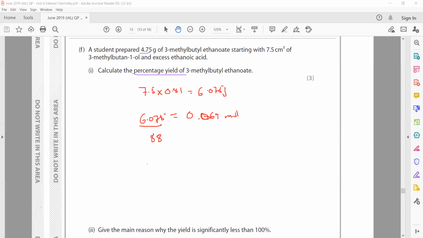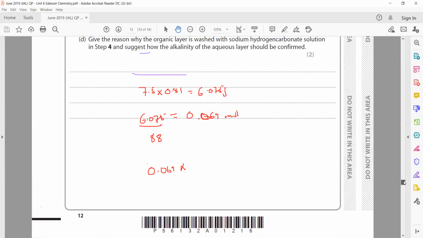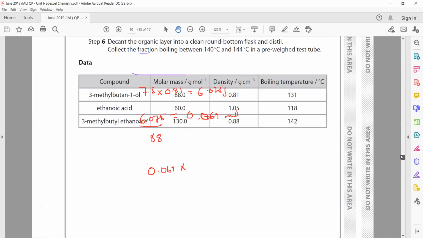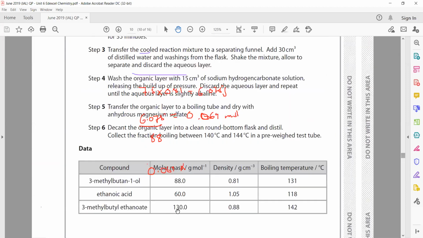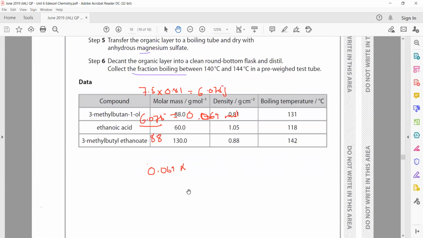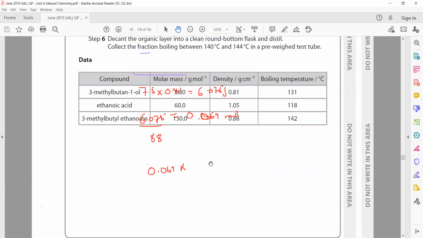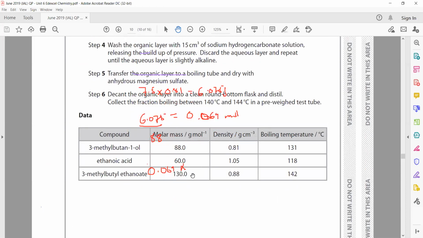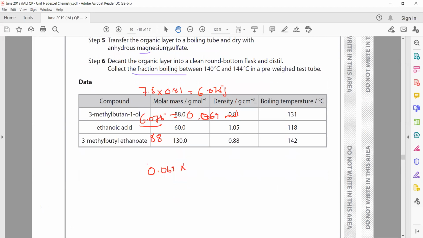So moles equal mass in gram over molar mass, but we need the mass in gram, which is moles multiplied by molar mass. So 0.069 multiplied by 130 will give us the mass in gram.